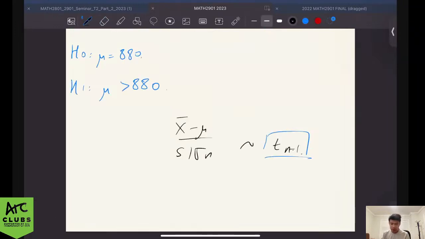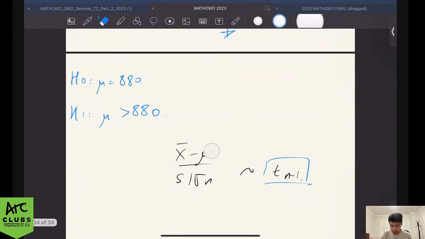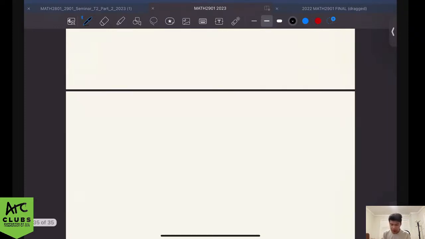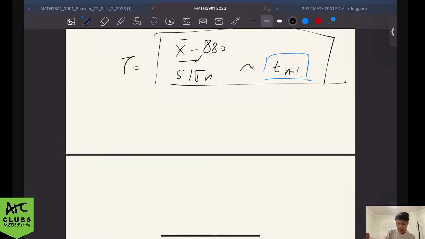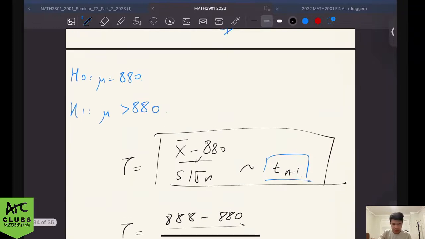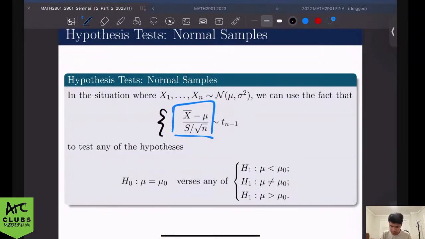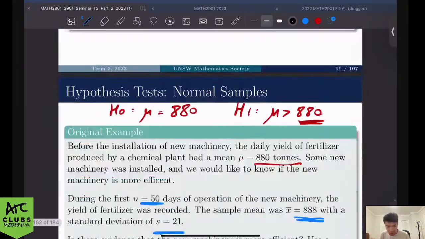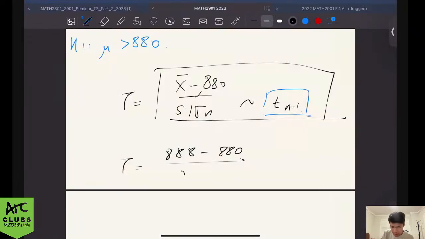Mu is equal to your null, so 880. So basically you're asking if the null is true, then this thing follows the t distribution with n minus 1 degrees of freedom. So the value that we got for our test statistic is 888 minus 880 divided by the sample standard deviation, which was 21, divided by root 50.